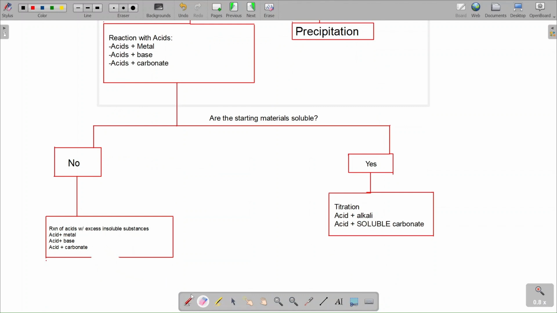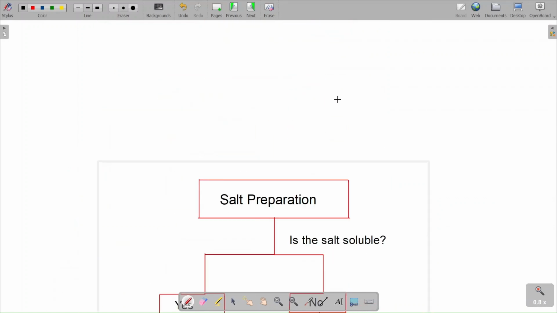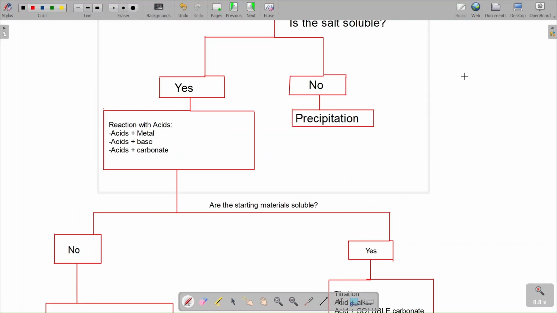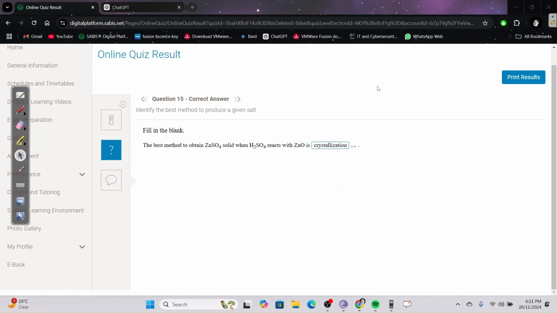So I'll just remove this. Now, here the answer is crystallization, even though it's not mentioned in this flowchart. Why? Because of zinc sulfate. If you remember from your solubility rules, sulfates are mostly soluble except with lead, calcium, and barium.